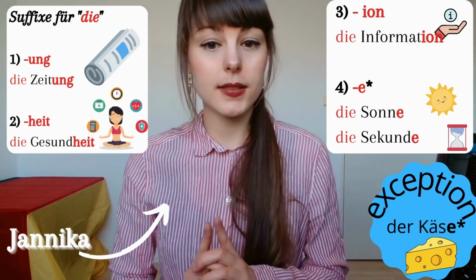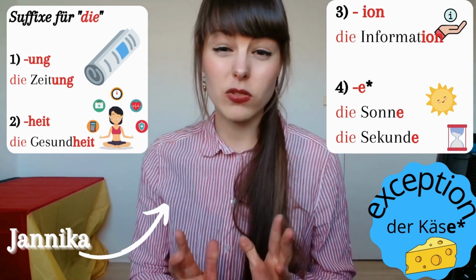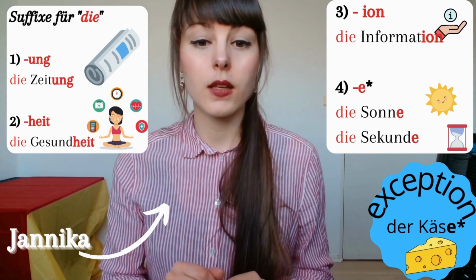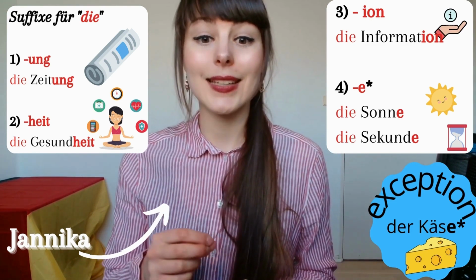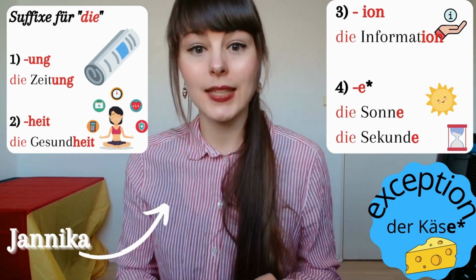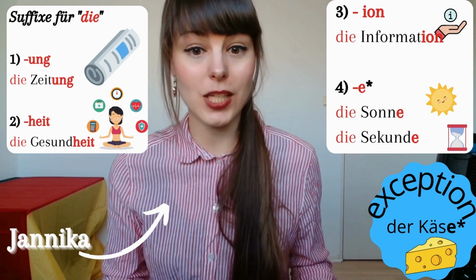And that's one really interesting suffix in many European languages, which is ion. All nouns in ion are female. Example: die Information, the information.